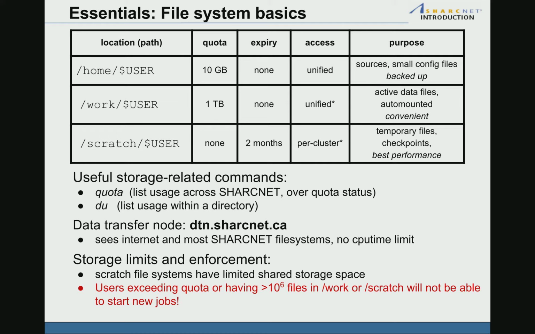So this is ideal for transferring large amounts of data in one session. That process won't time out. As well, in many cases you can transfer data between Scratch folders, whose access is per cluster, but the DTN system can see both of them.